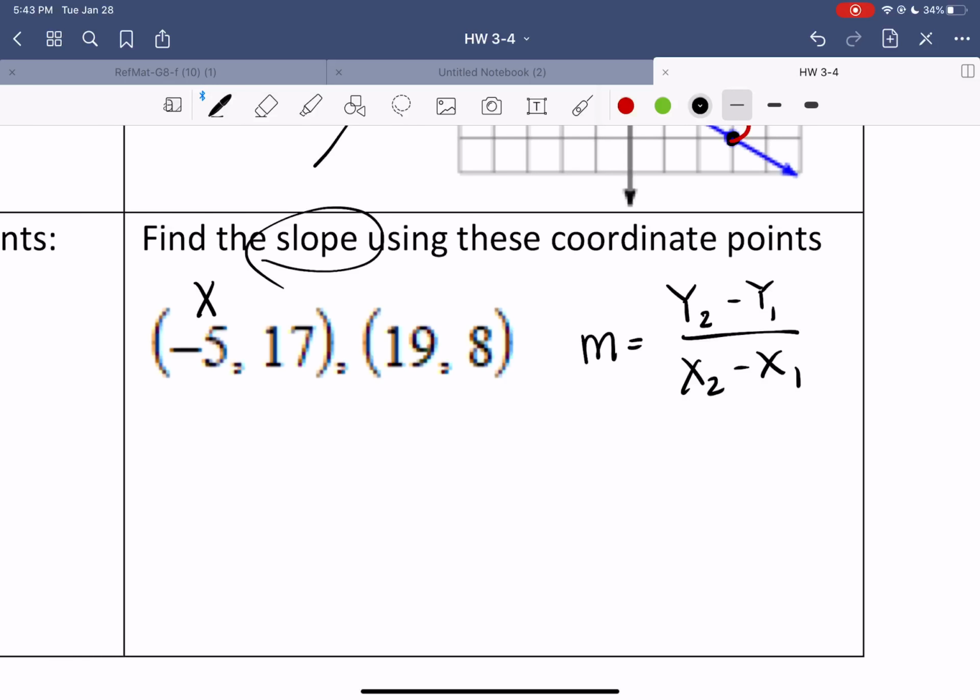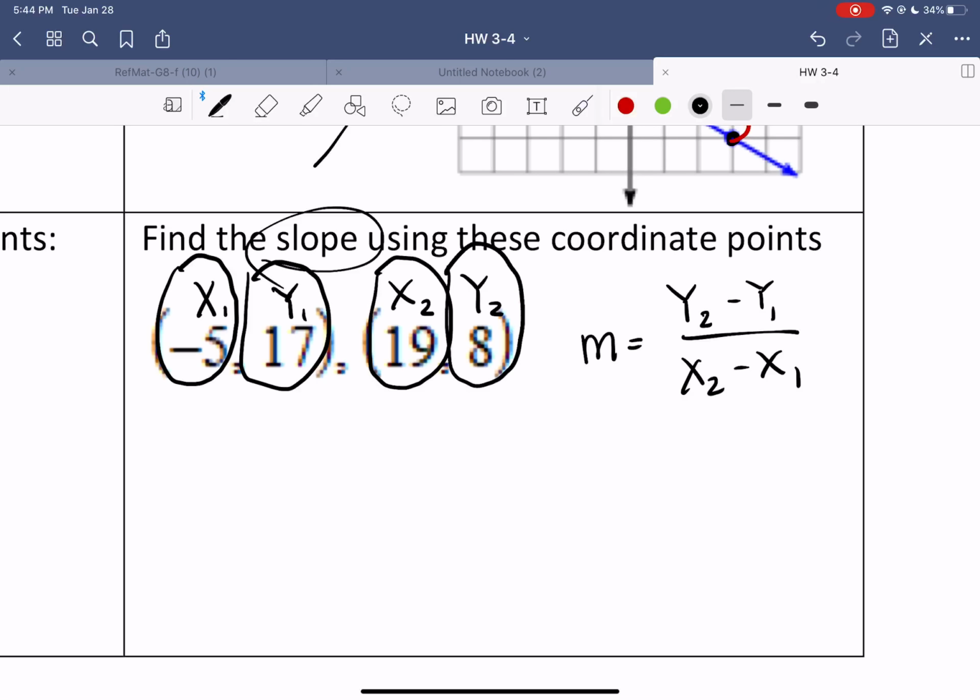This would be x and y, x and y. So right here, I'm going to label this first coordinate as 1s and then the second coordinate pair as 2s. What I like to do is circle the number that is associated with the y1 or y2, and then draw your line and your subtraction sign before you start. And then you're going to go ahead and circle your number.